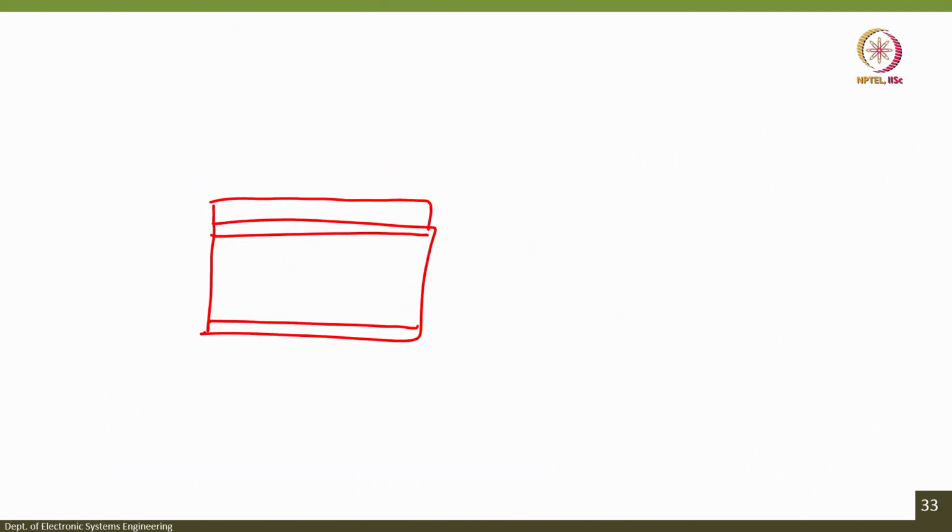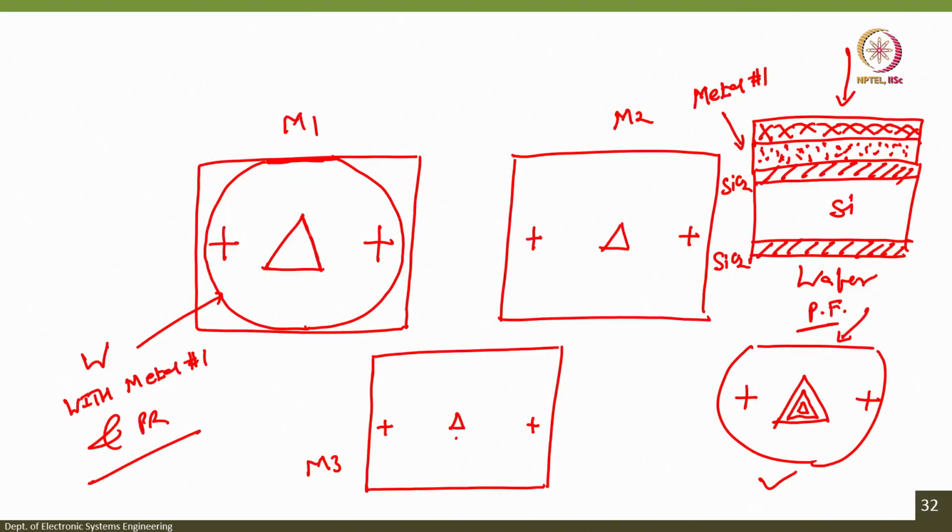So, in this we can show that the photoresist is only left in the area which is not exposed by the UV light, correct. The photoresist will remain in this area not exposed by UV light, and of course the alignment mark like this. Okay.